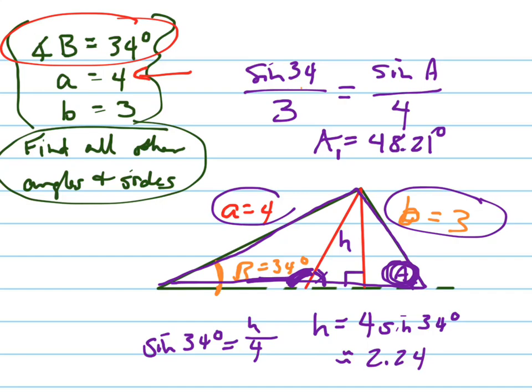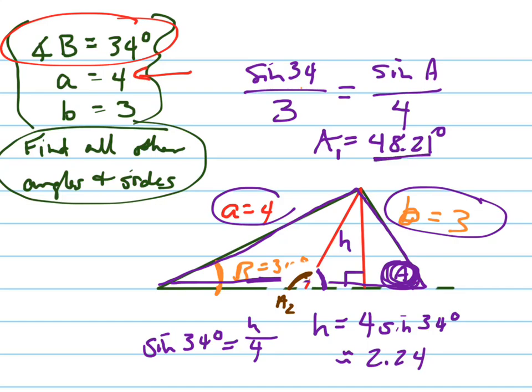And then you can find all the other ones by using the law of sines. I'm not going to go through and do that for the sake of time. A2, let me change colors here. A2, which is right here, A sub 2, A for the second triangle, is going to be, if you follow what I said before, that angle right there is the same as A. So the A2 is 180 minus that angle.